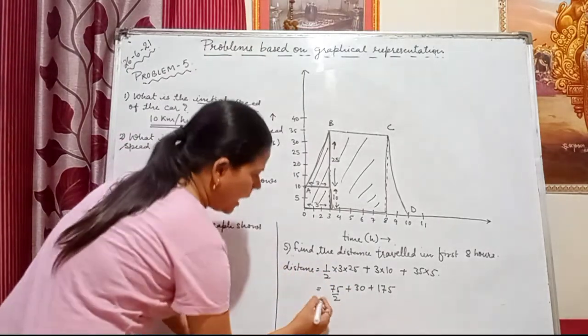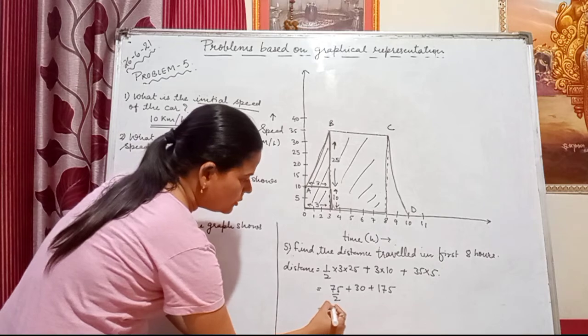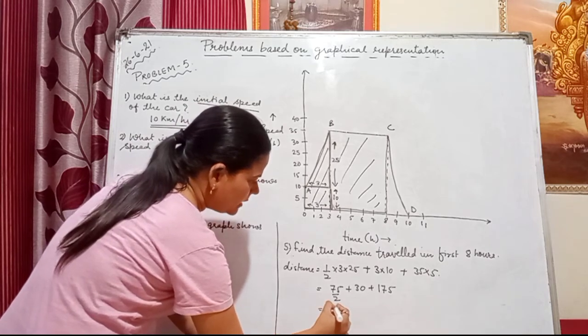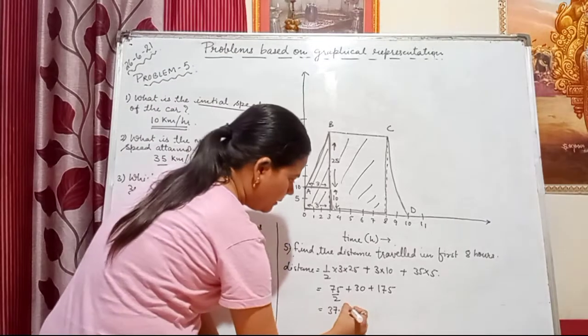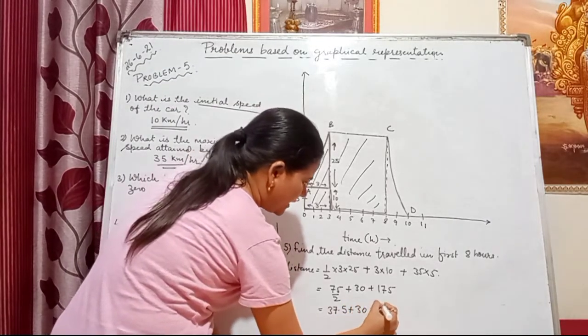Now 75/2 can be written as 37.5, plus 30, plus 175.